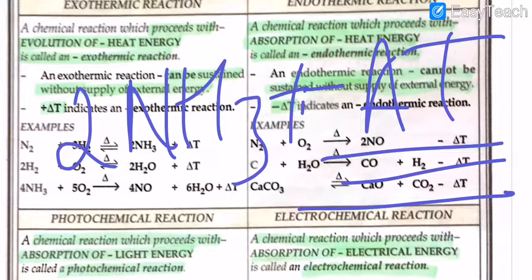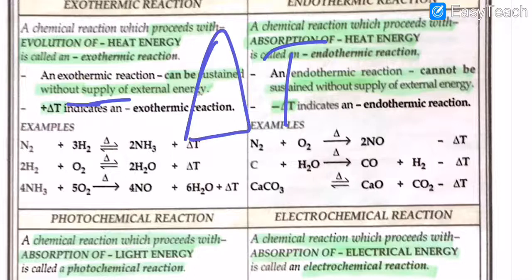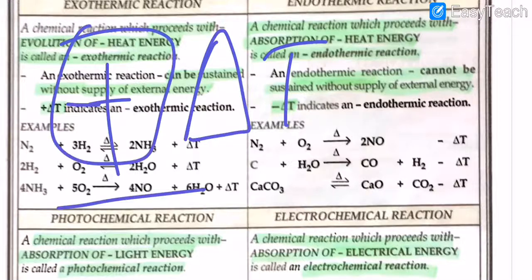Similarly, in the case of endothermic reaction, you have minus triangle T because there is an absorption of heat energy. So heat energy is taken away. Endothermic meaning end, that means the heat energy is ended and there's absorption of heat energy taking place. So you have minus. But in this case, you have an evolution, so you have a plus. So it's either minus or plus.